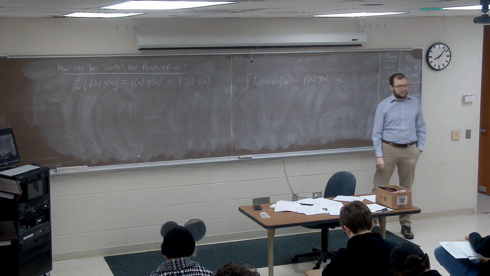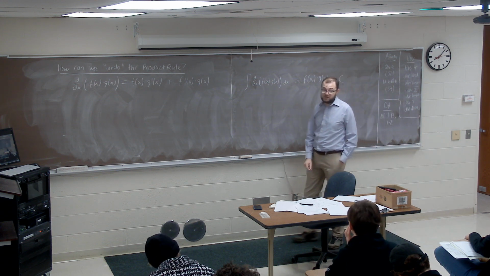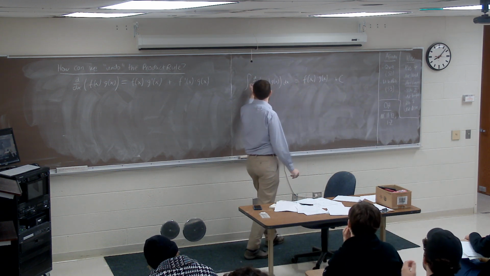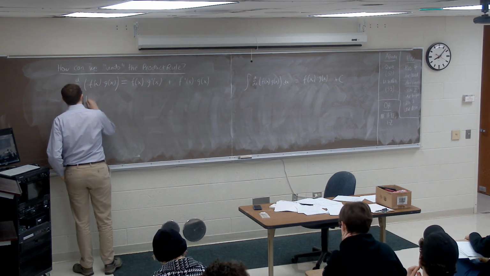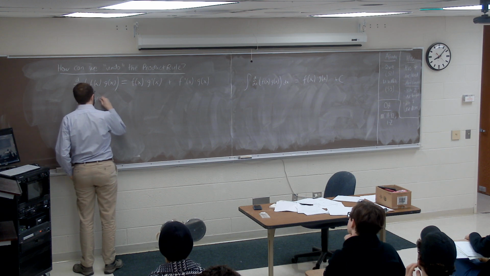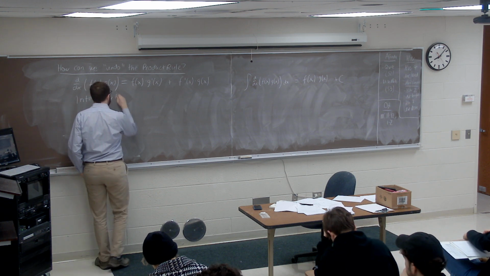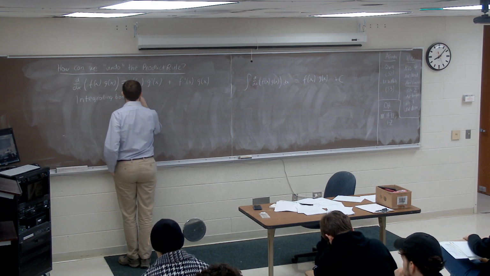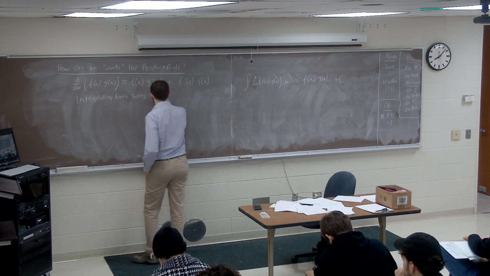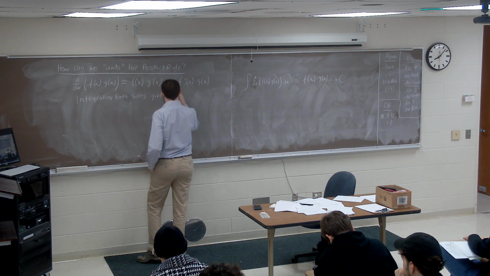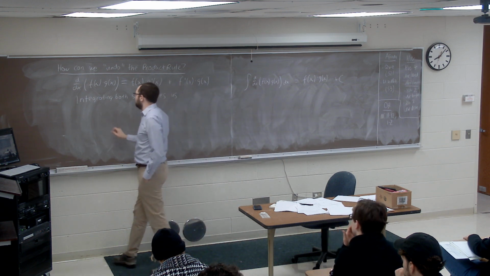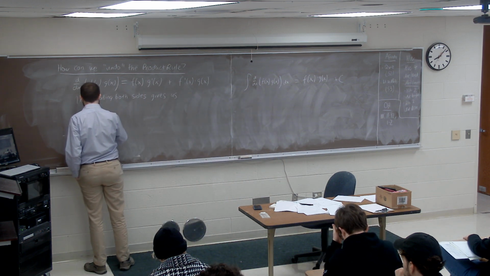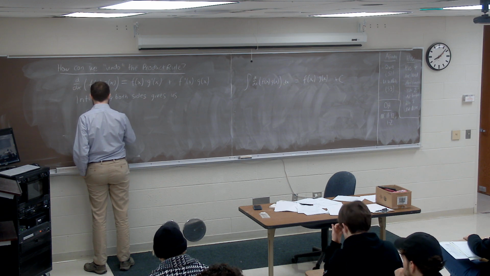Plus c. Technically, we could also get an extra constant term when we do our indefinite integral. So the way we can write that is we can say integrating both sides, that's going to give us, on the left-hand side, we'll be left with f of x times g of x.